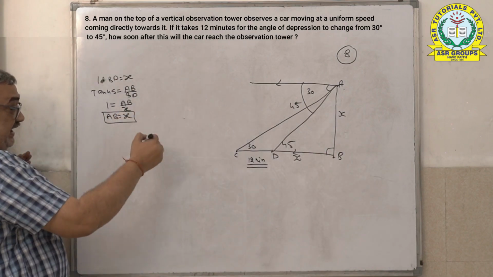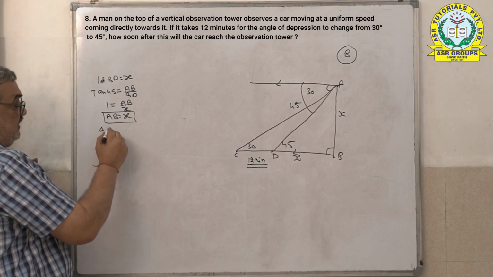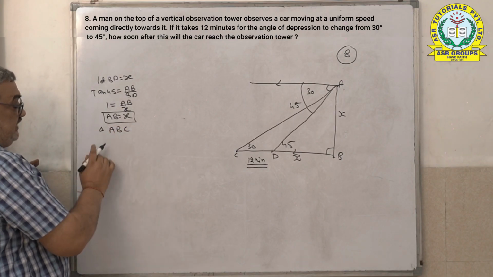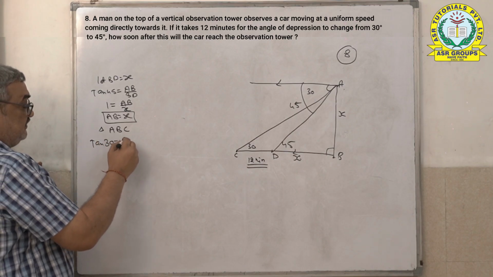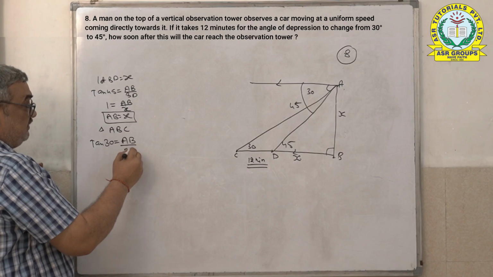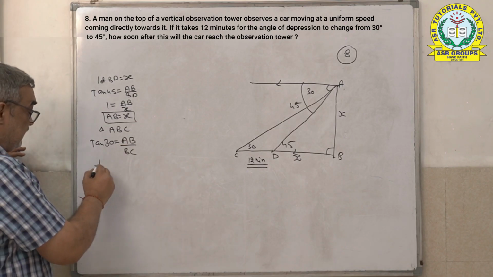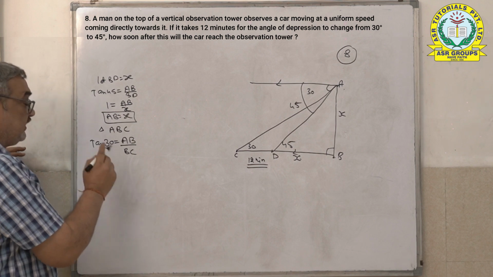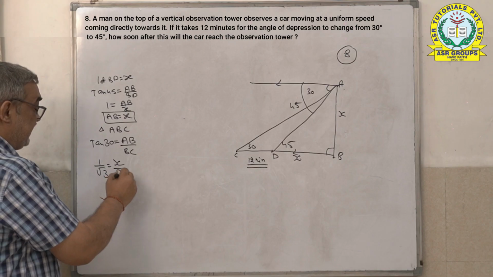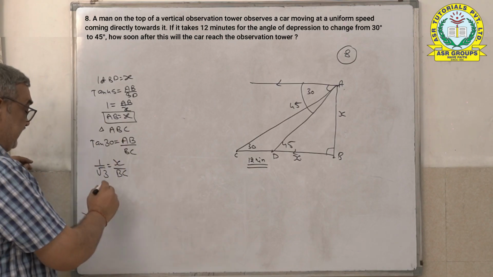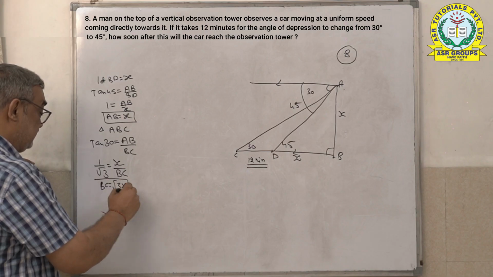Now we'll take the big triangle. In triangle ABC, tan 30 is AB upon BC. Tan 30 is 1 over root 3, AB is X, BC I don't know. Do cross multiplication. BC is root 3x.